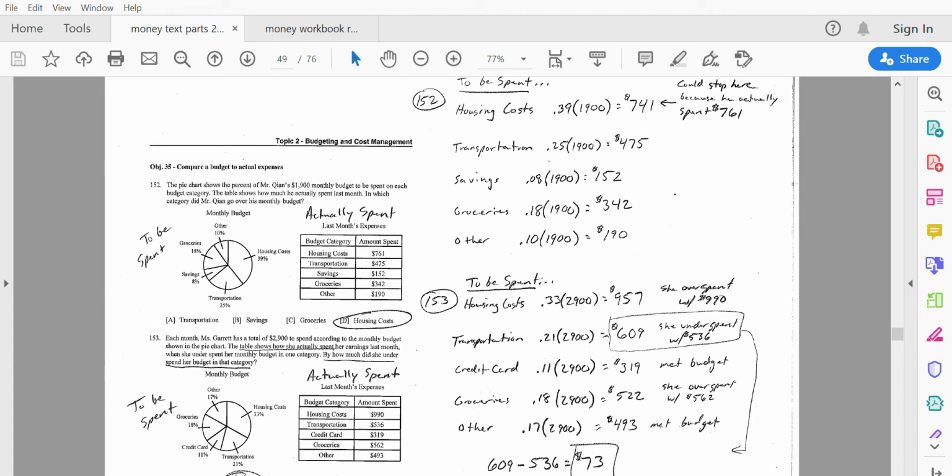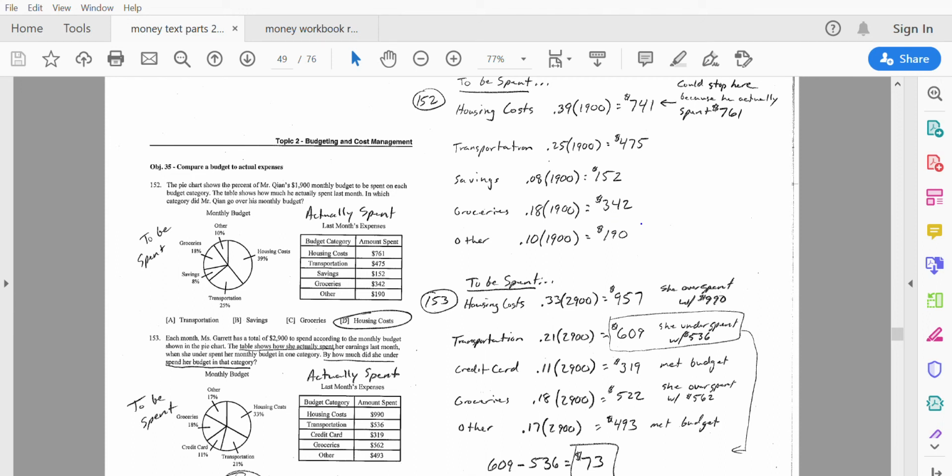Okay. And so we're looking for one of these to be bigger than one of these. Because what they're really asking is, when is one of these smaller than the numbers over here? So she actually spent 990.